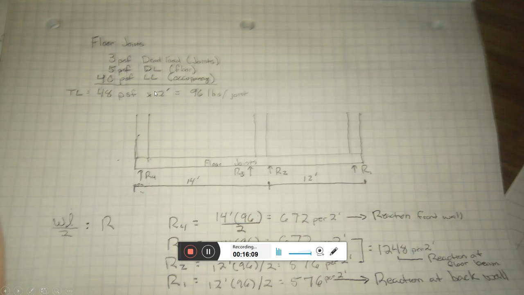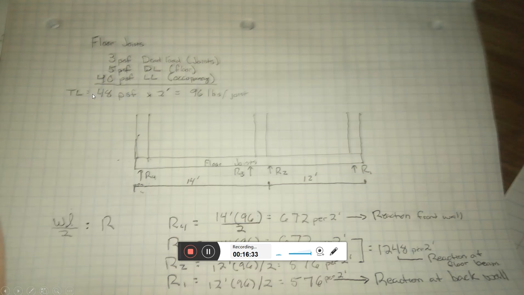So for the joists, it gives you 3 pounds per square foot dead load, that's from the joists themselves, 5 pounds per square foot dead load from the floor, and 40 pounds per square foot live load, and that's the occupancy load.